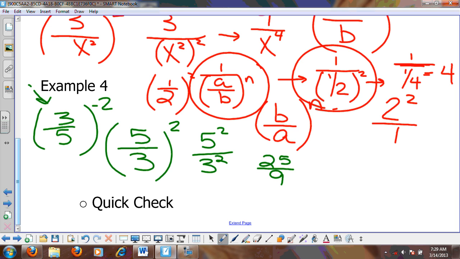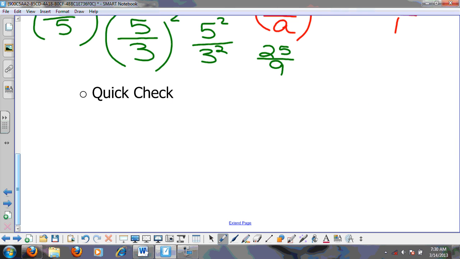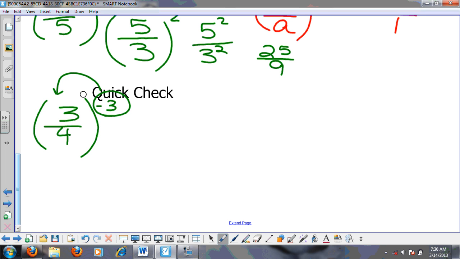Okay, let's try this with some quick check problems here. Let's look at A. 3/4 to the -3rd. Once again, those cubes, negative exponent means this becomes the reciprocal.